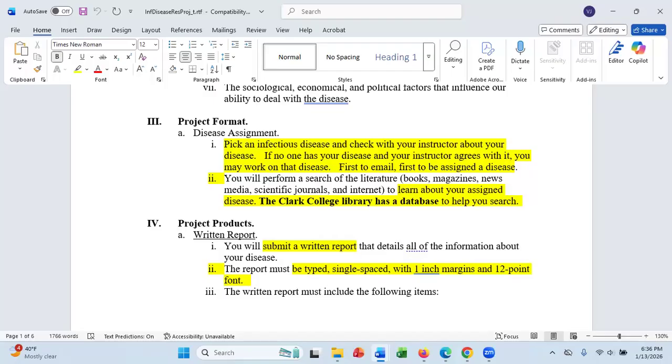With HIV, I can divide it up into HIV-1 and HIV-2. The disease is slightly different whether it's caused by HIV-1 or HIV-2. So you just need to talk about the disease caused by HIV-1 or a disease caused by HIV-2.